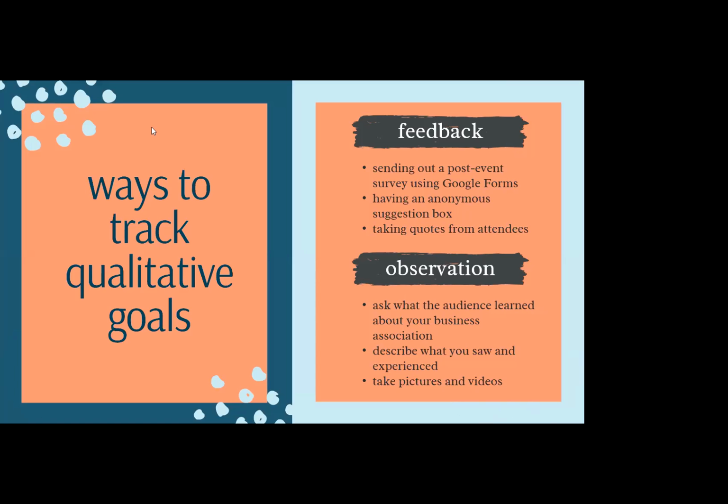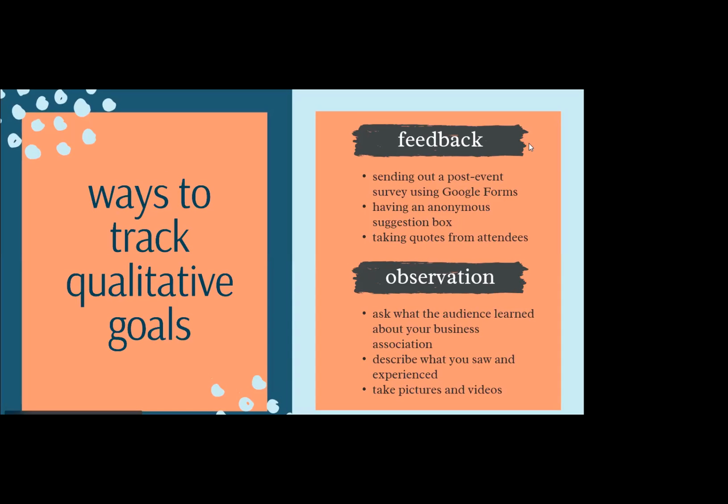So when measuring the qualitative pieces, I came up with two categories for ways of tracking them, but again, I think you could do a lot of different things to track this. One of the biggest ways to evaluate your qualitative goals would be feedback.